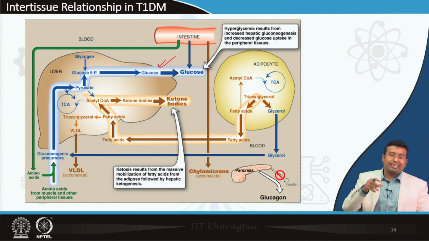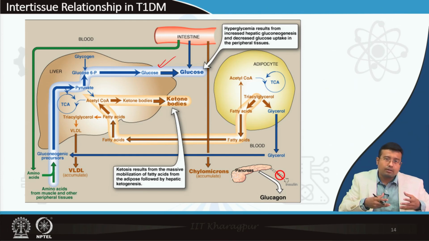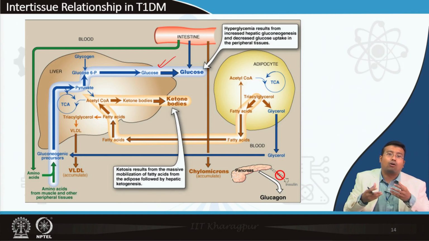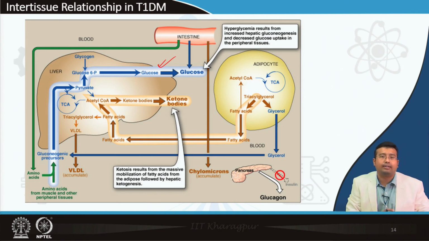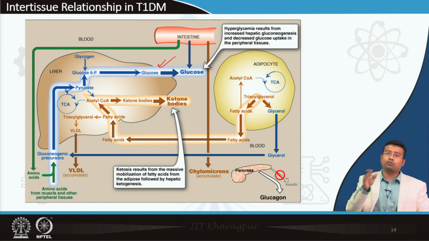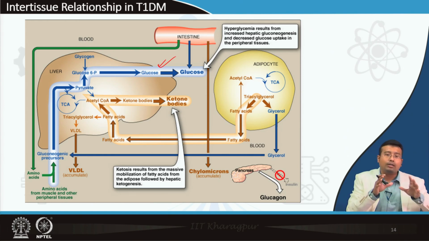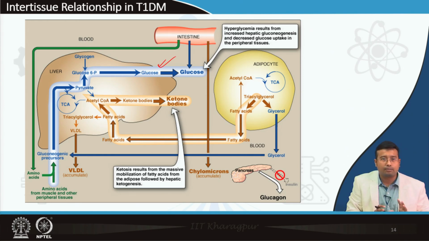Now what happens inside the cells? Since glucose is absent, alternate storage sources of metabolism are broken down to produce energy, that being fatty acids. You will be reading all this very soon, so I am not going into much detail. Fatty acids, when broken down, produce acetyl coenzyme A. This acetyl coenzyme A cannot enter the TCA cycle due to deficiency of oxaloacetate.